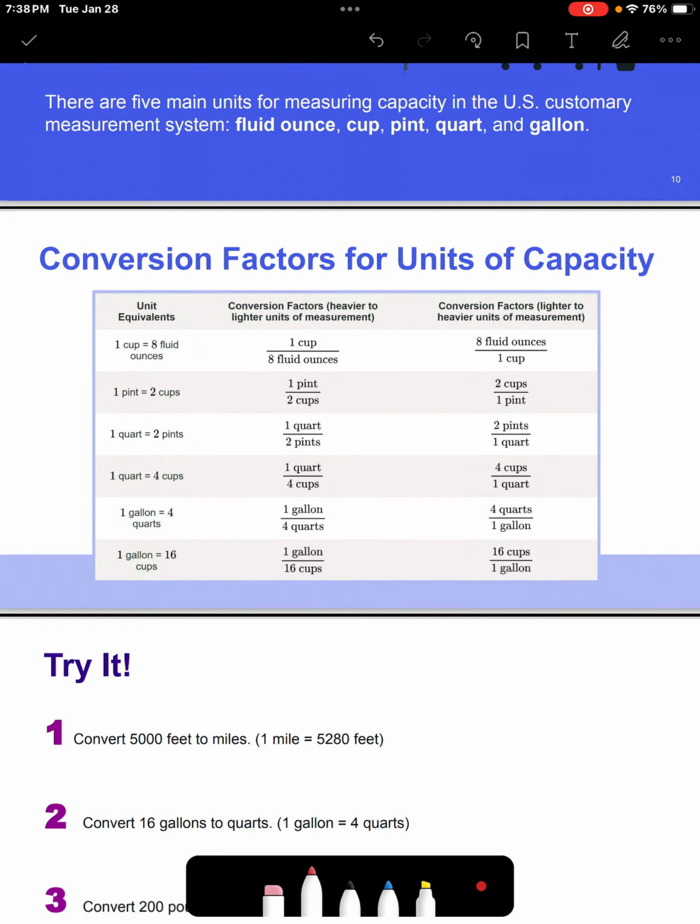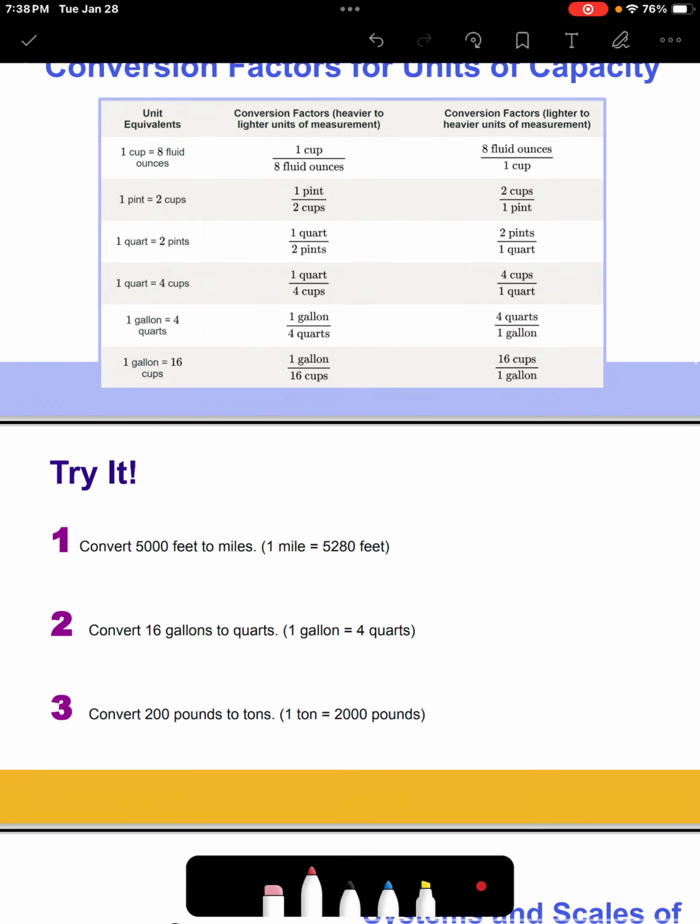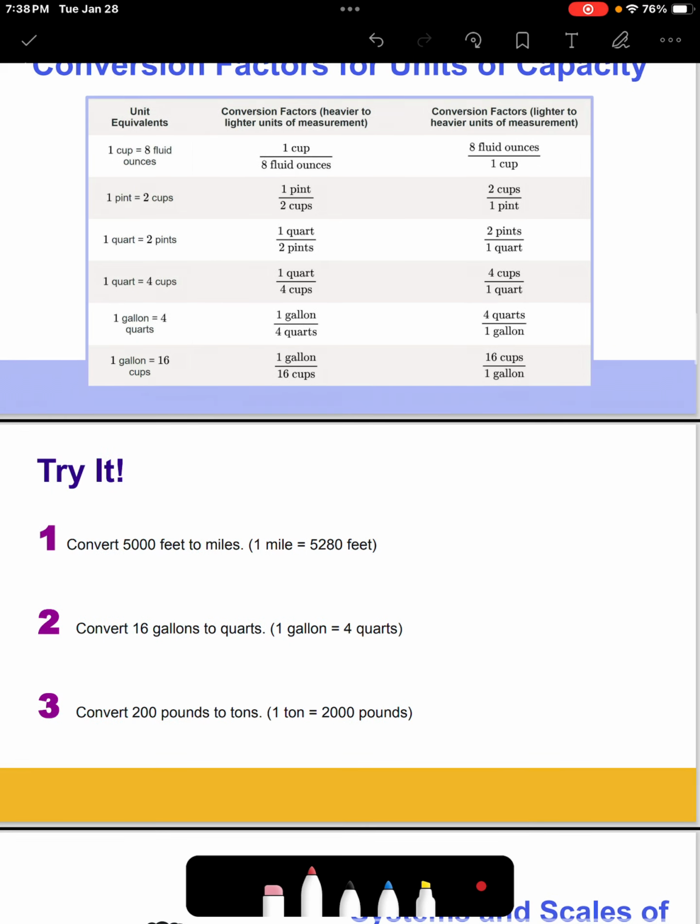So let's try this. Let's convert 500 feet to miles. We're gonna start with 500 feet, and we're gonna put that over 1. And we want to convert to miles, so we want the feet to cancel off. So we're going to put 1 mile on top over 5,280 feet.